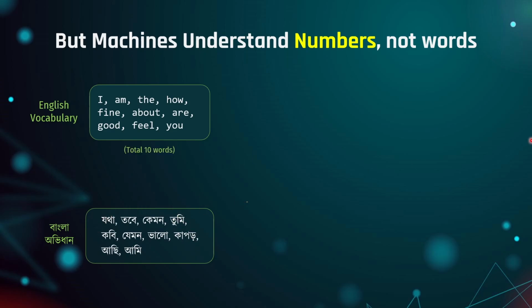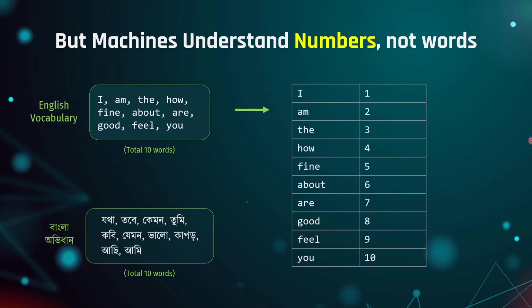So in both cases, there are 10 words in total. The simplest way to convert words to numbers is something like this, where we represent each word of our vocabulary with a unique integer value. So from I to U, there are 10 words in total, and each and every single word has been arranged and assigned an integer value in ascending order.